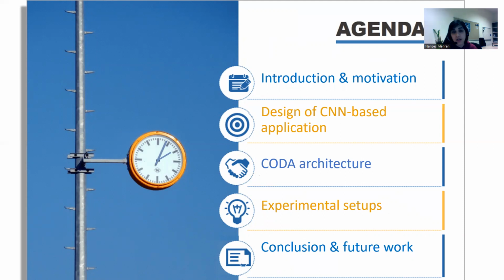Then I will talk about one specific application placement architecture with the name of CODA, and then I will continue with the experimental setup, the conclusion, and then at the end some possibilities for future work.